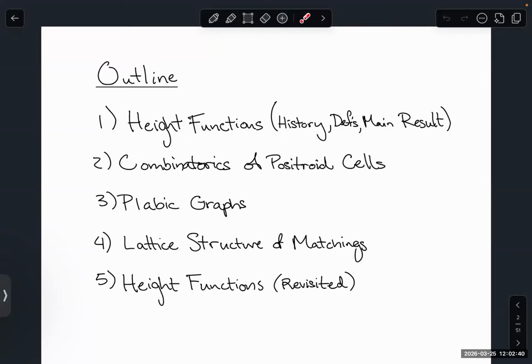We have to discuss plabic graphs, and then we can introduce what matchings are and a lattice structure that we can build from those. And then we can go back to building in more detail our main results on height functions that we're going to use.